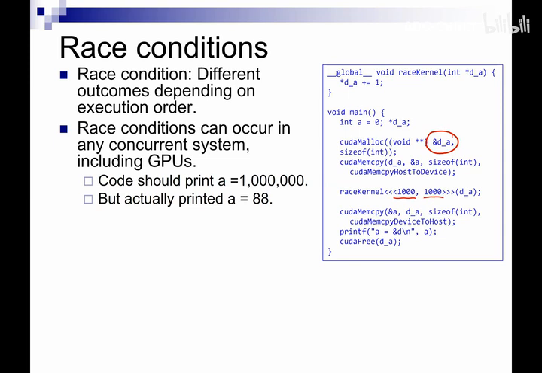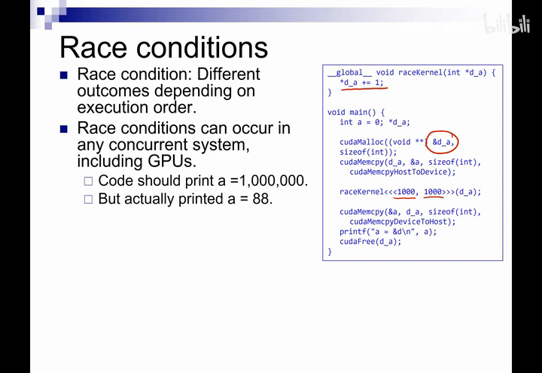So we're starting 1,000 thread blocks with 1,000 threads each. Each thread just takes the shared variable and increments it by 1. And so our goal is that in the end, the shared variable has the value 1,000,000, right? Because we started 1,000,000 threads and they each increment this value by 1.